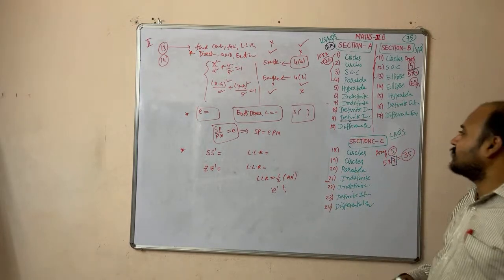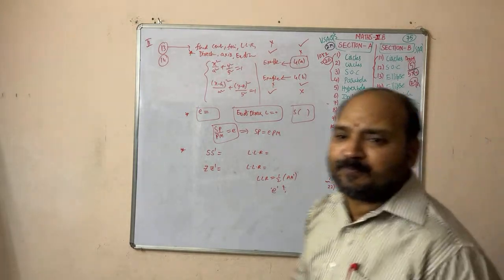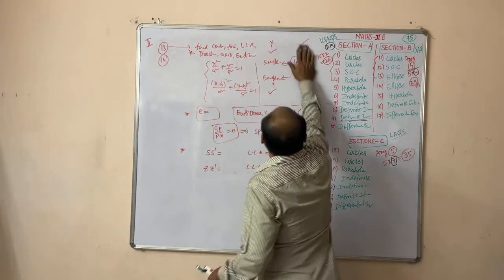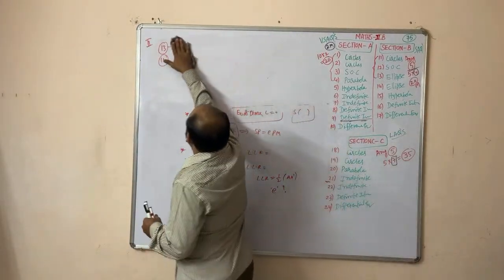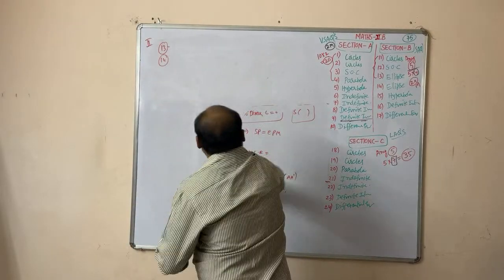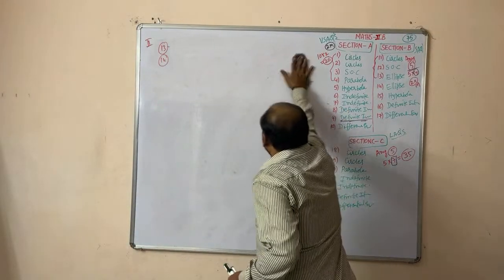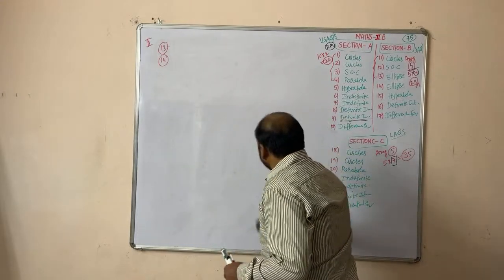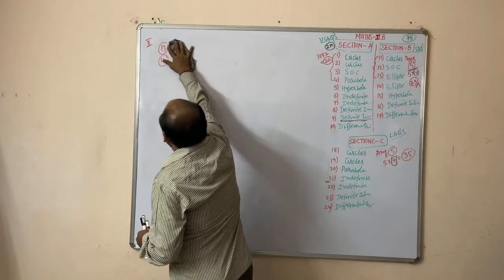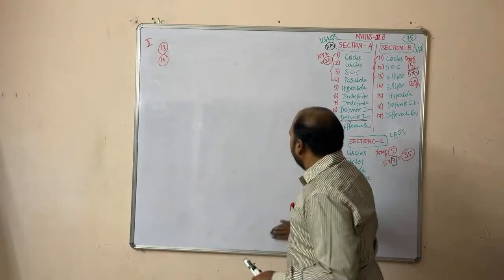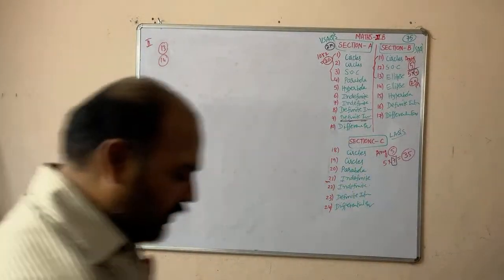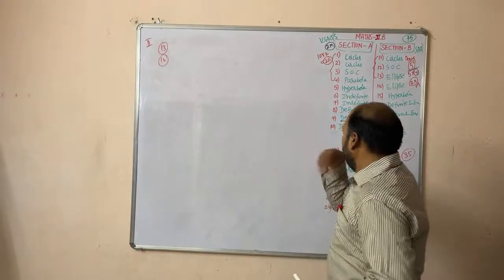In a separate playlist, 6 or 7 months back or 1 year back, I kept ellipse videos, with all examples on important 4 marks questions. Once you go through them, students, you will get an idea what type of questions they are asking.